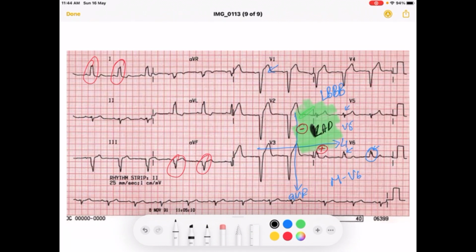So this is an ECG of left bundle branch block with left axis deviation. So this is how we interpret ECGs in hypertrophies and bundle branch blocks. Thank you.